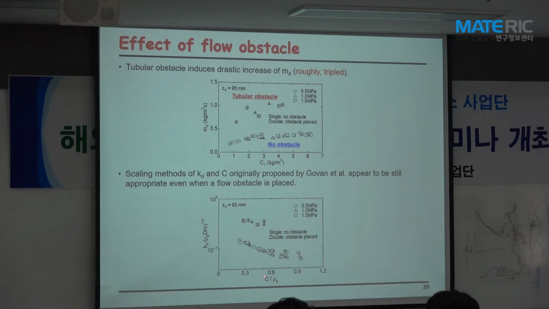In this figure, the droplet mass transfer coefficient is plotted against the droplet concentration. For these two dimensionless factors, the no obstacle case has this correlation, and if there is an obstacle, this kind of correlation. Therefore, these scaling parameters seem appropriate even in this case.